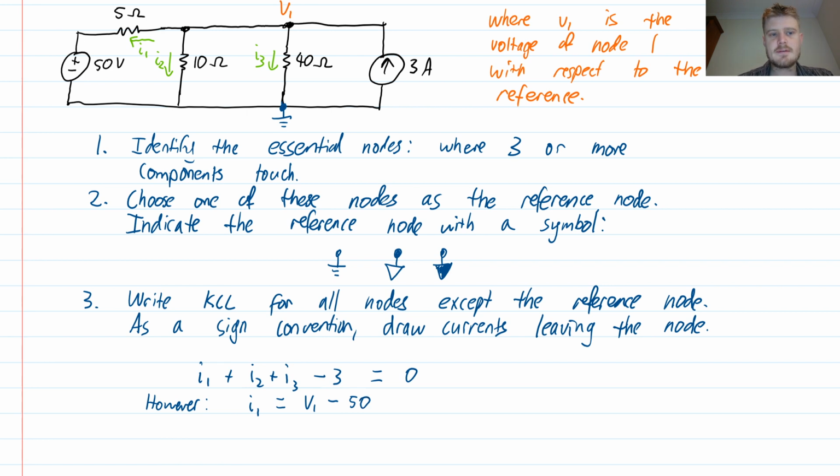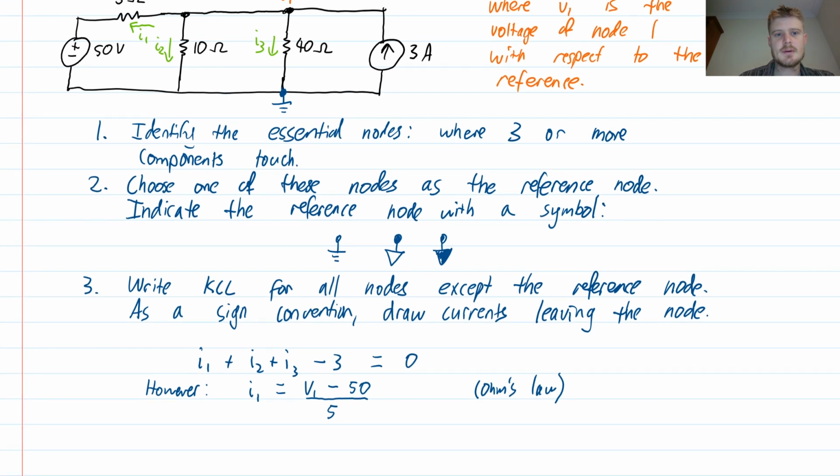So the voltage over that resistor is V1 minus 50, all divided by 5 ohms. This is just Ohm's law: the voltage over that resistor divided by the resistance gives me that current. So this is Ohm's law for I1, and I would do the same thing for I2.